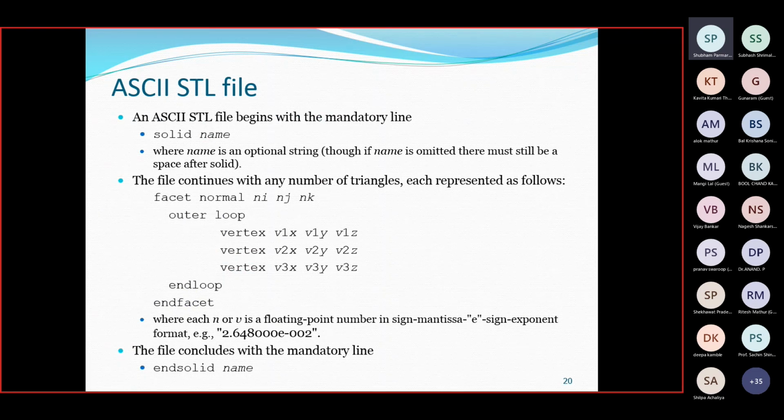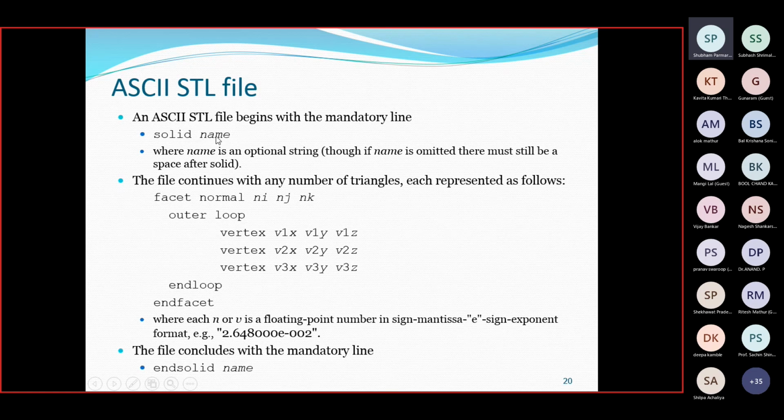So how do you start to generate ASCII STL files? In ASCII STL files, this is the mandatory line. Each and every file will start with the keyword solid and then the name of the object, or file name.